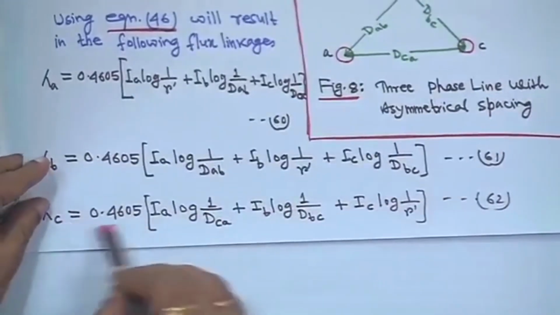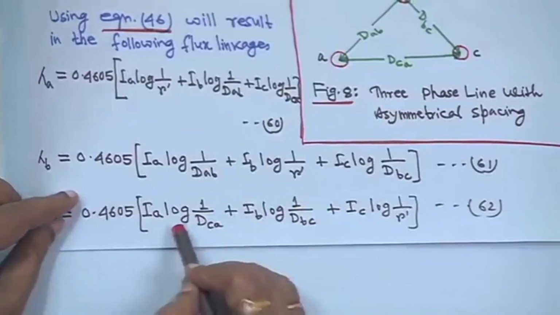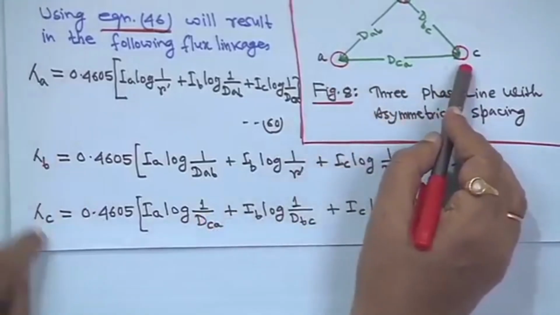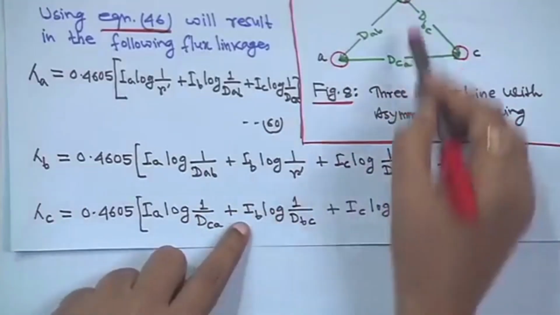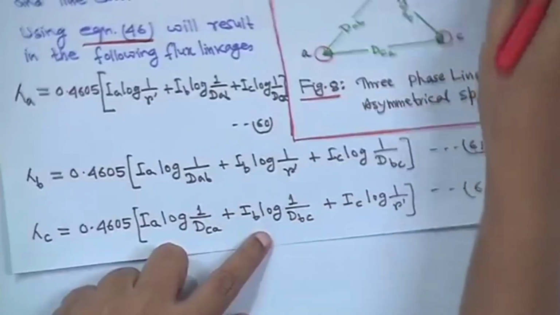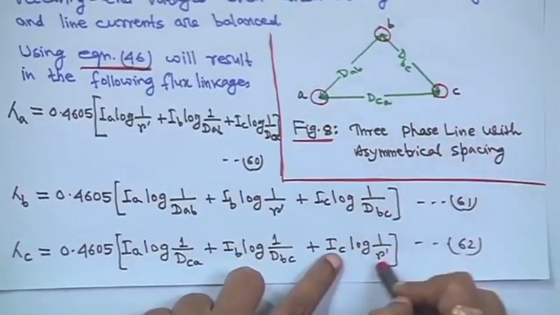Similarly, lambda C is equal to 0.4605 [IA log 1 upon DCA plus IB log 1 upon DBC plus IC log 1 upon r dash].